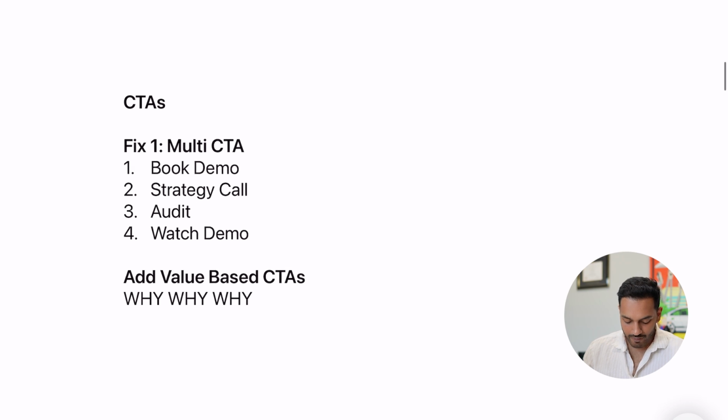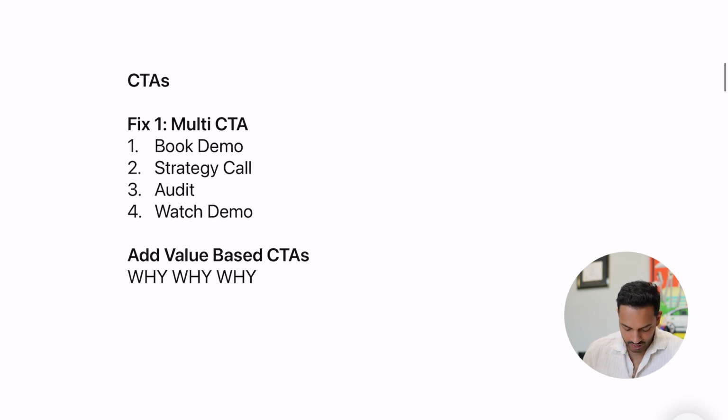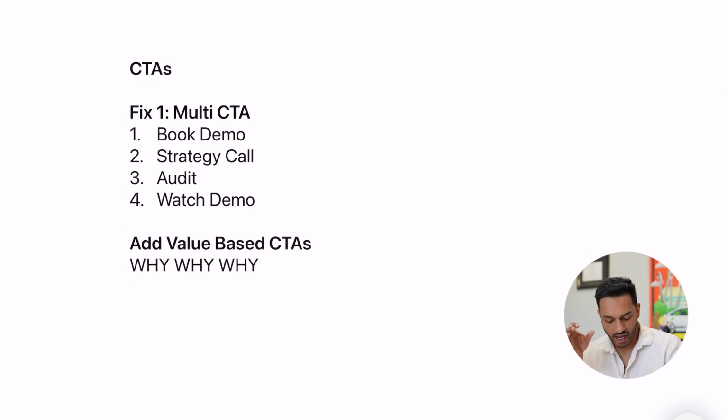So now that you have your landing page optimized, let's talk about your CTA strategy. The biggest thing that I've seen people mess up here is when it comes to their call to action, they have one extremely aggressive call to action and not multiple. So when you have one, for example, book a demo, it is very high friction.